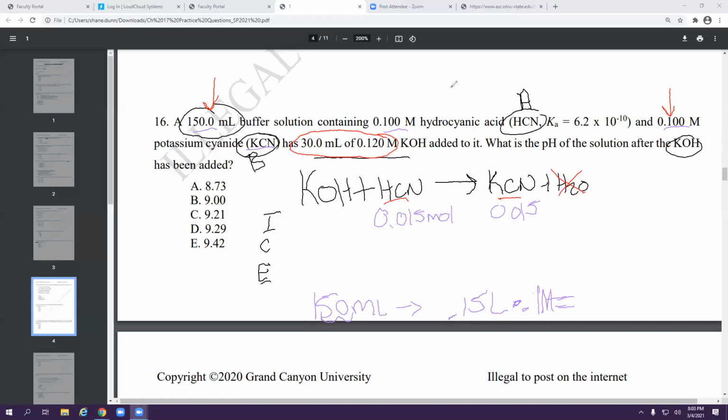Now, deep blue, what's up? Why is it 0.015? So I need to convert them to moles, right? So the volume was 0.15 liters, right?